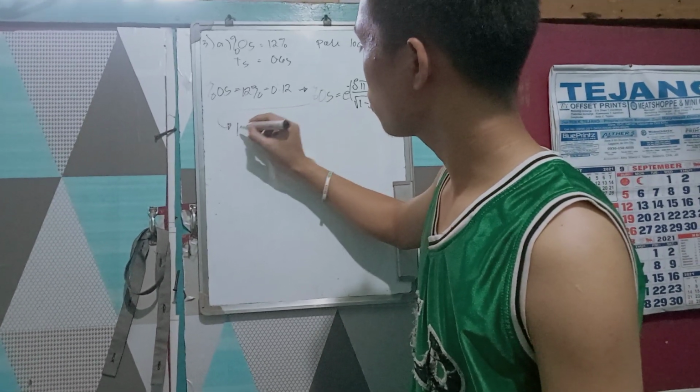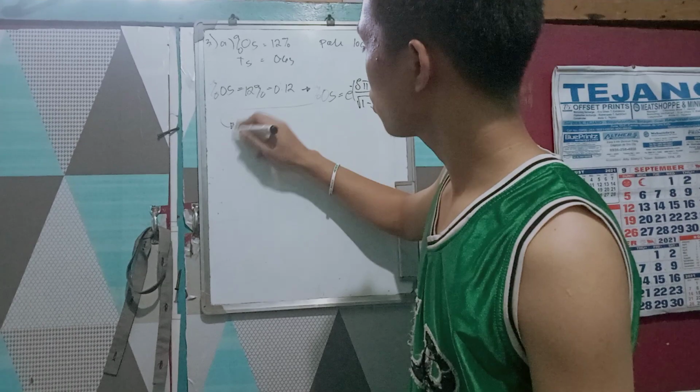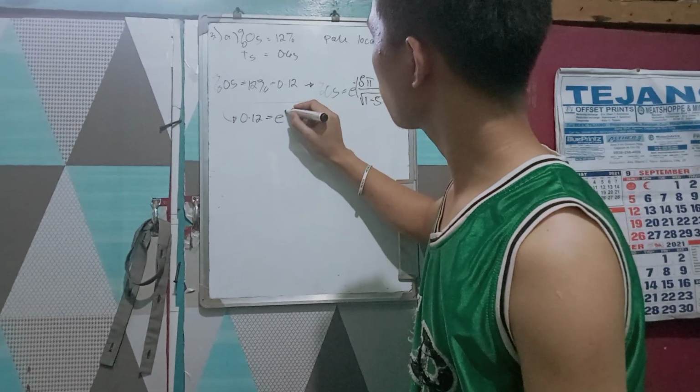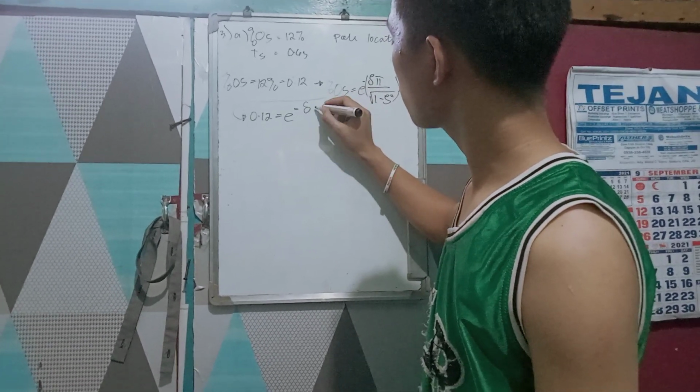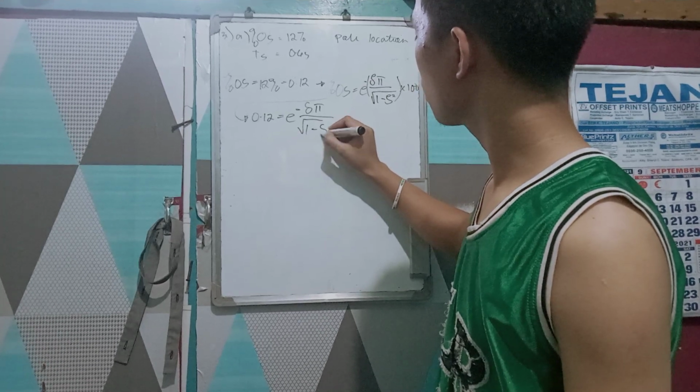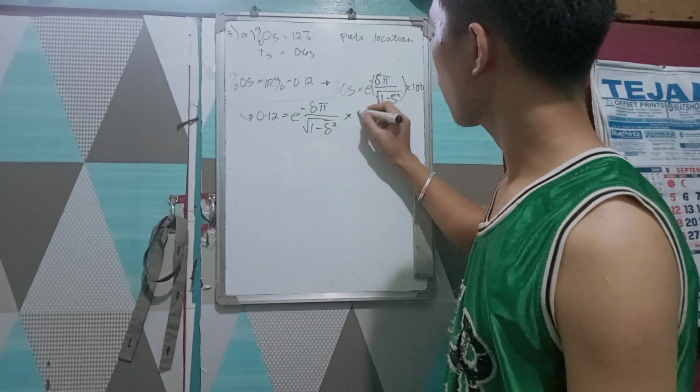So in finding the damping ratio, if we use this formula, OS, which is 0.12, is equal to e raised to negative damping ratio times pi over square root of 1 minus damping ratio squared, times 100.